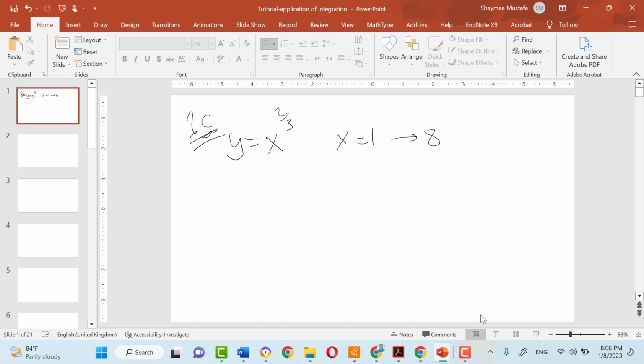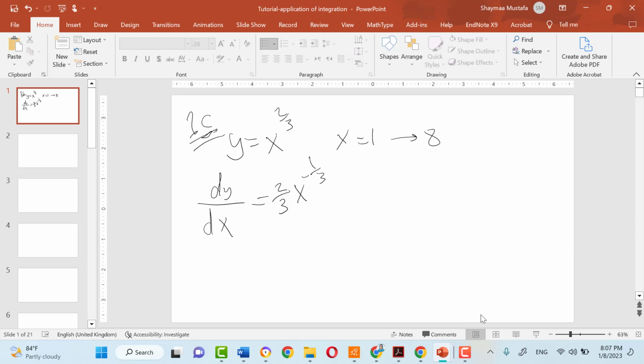Now, to find the arc length you have to find dy over dx. So dy over dx is equal to 2 over 3 x to the power minus 1 over 3.